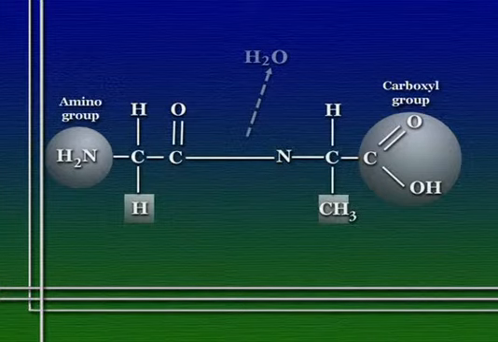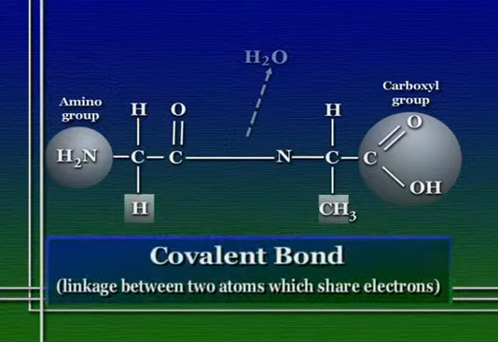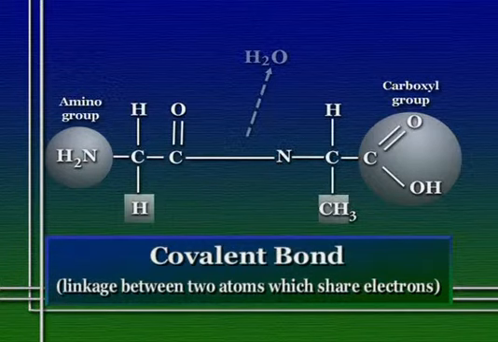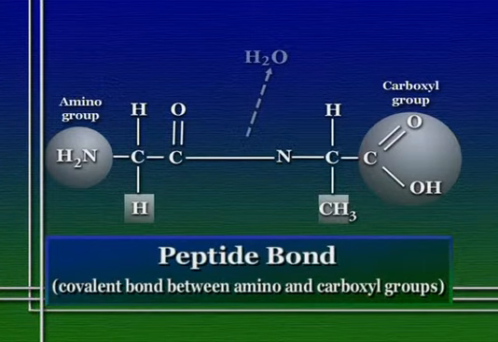The first thing I want to point out is to give a name to this bond because I might use it later on. It's a very strong chemical bond that's technically called a covalent bond. A covalent bond, once built, is very hard to break. And more particularly, for a chain of amino acids, that kind of bond is called a peptide bond. And hence we call a chain of amino acids a polypeptide.